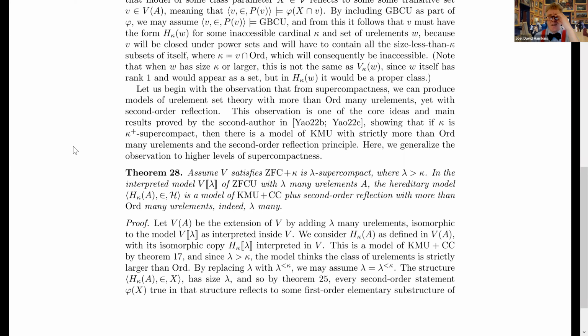What he did was he started with a kappa which was kappa plus supercompact, and he built a model of KM with second order reflection and more than ORD many elements. And actually he asked me, because he was using this very strong assumption of kappa plus supercompact cardinal kappa in order to make that happen.